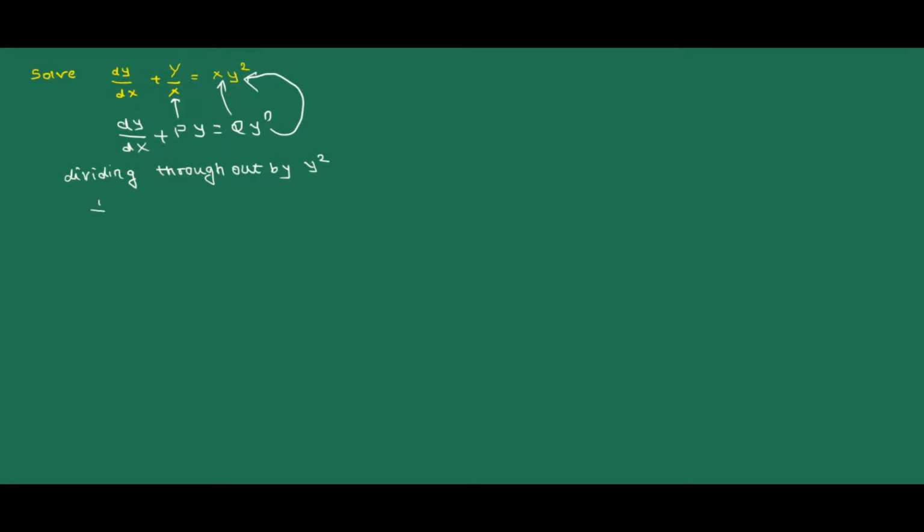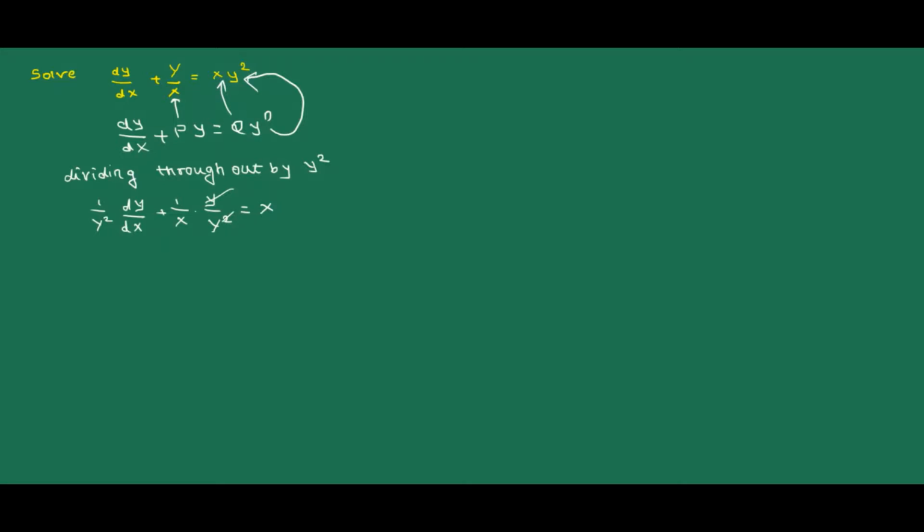So we get 1 by y square into dy by dx plus 1 by x into y divided by y square is equal to x.